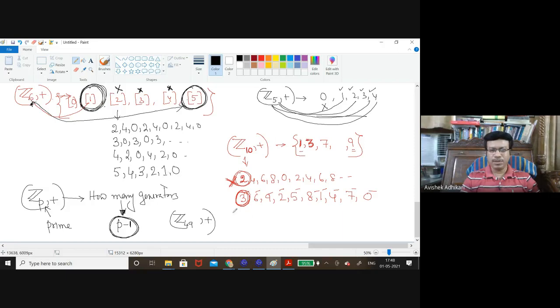For the sake of simplicity, if I consider 101 a prime, then it would be easier for you to give me the answer, p minus 1, which means 100. But what if I consider how many generators are there for a group of order 101 to the power 2? That means 101 square.